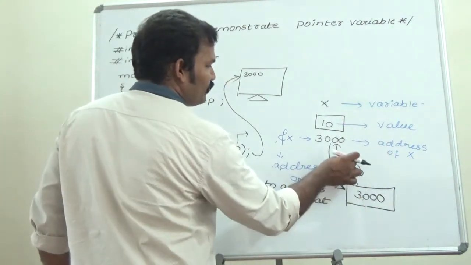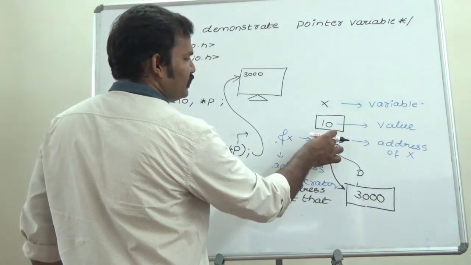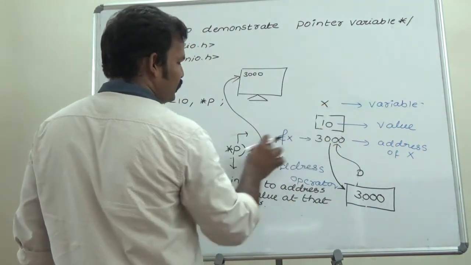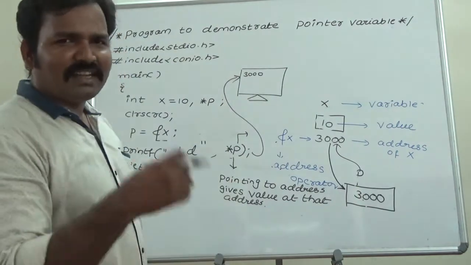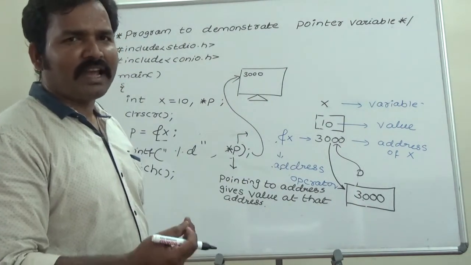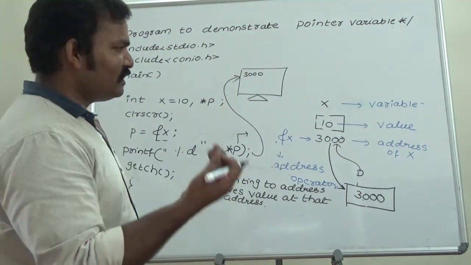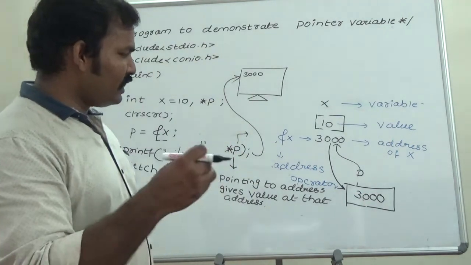Pointing to an address gives the value at that address. So p means it prints the address, and star p, asterisk p, means it prints the value which is stored at that address.